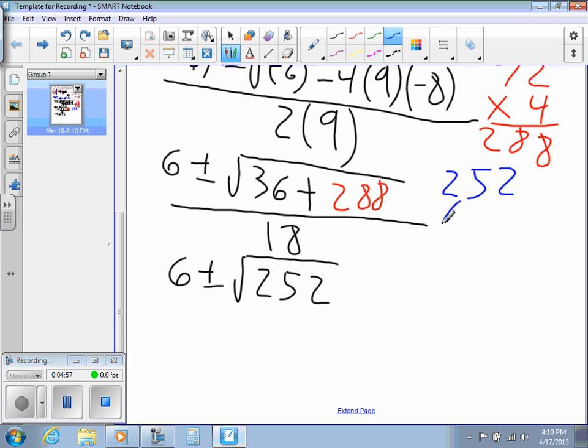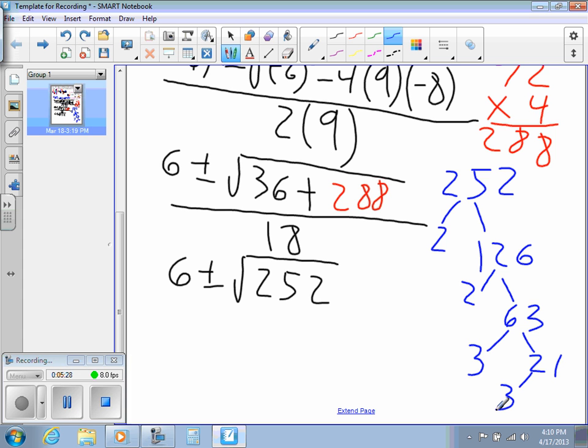It's definitely divisible by 2, and when I divide it by 2, I'm going to get 126. Also divisible by 2. When I divide that by 2, I'm going to get 63, which is divisible by 3. And it gives me 21, also divisible by 3.